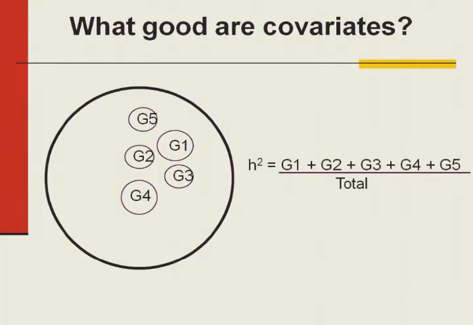So if we imagine the total phenotypic variance now as a circle, and some part of that circle is taken up by the effects of genes. So G4 has the biggest effect, G1's a little lower, 2, 3, and 5 are a little lower. Our heritability is the sum of those genetic effects over the total variance.